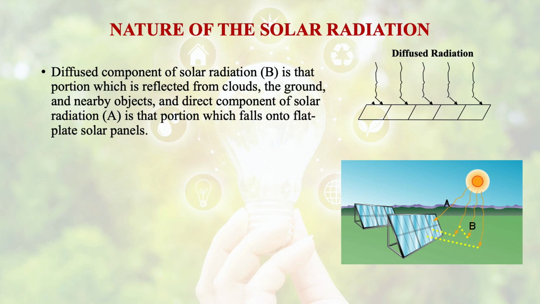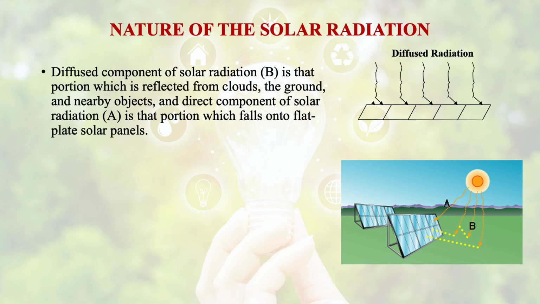The diffuse component of solar radiation, that is shown in the figure by B, is that portion which is reflected from clouds, the ground, and if there is any nearby object, then from that also.